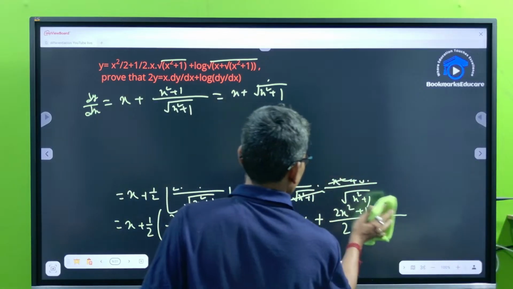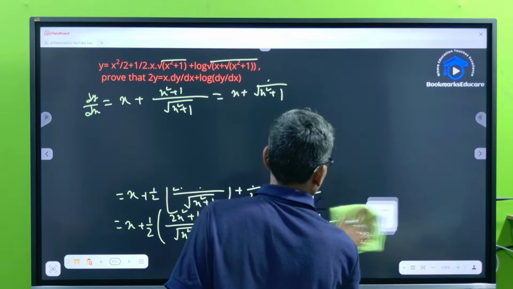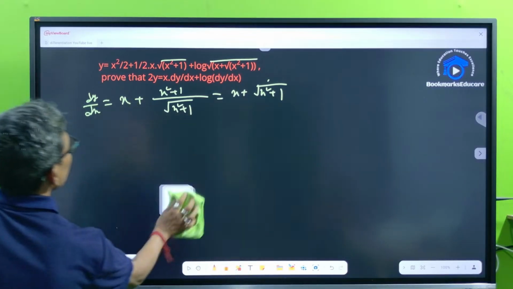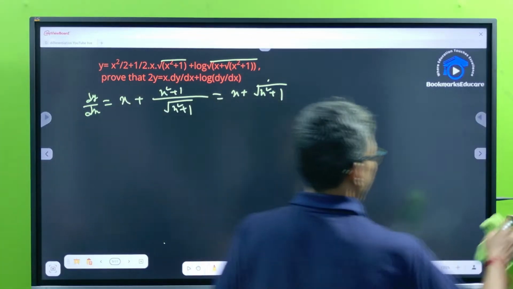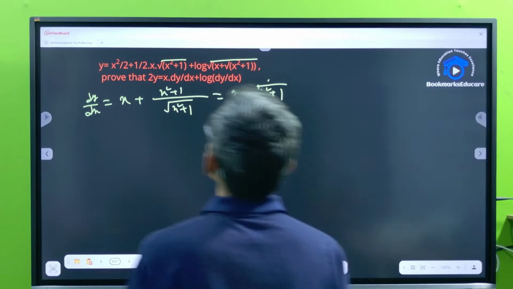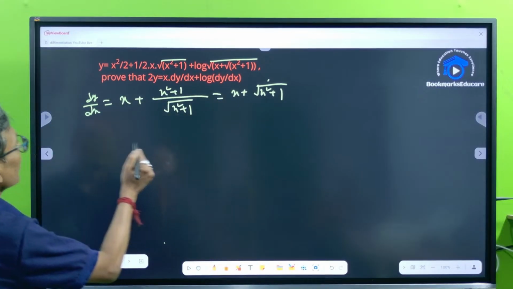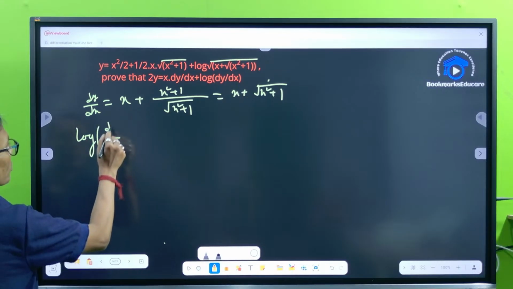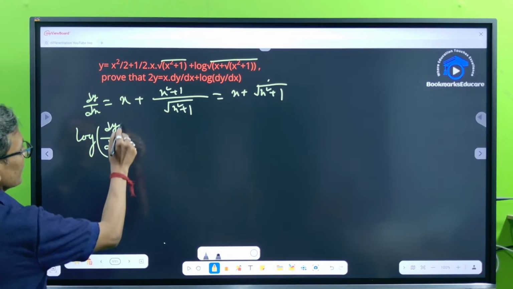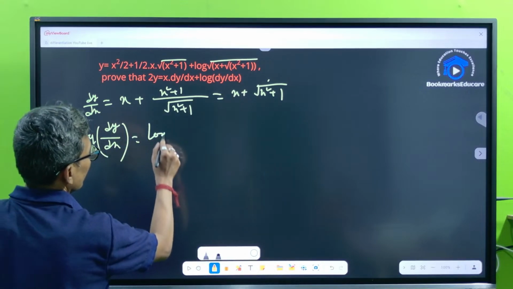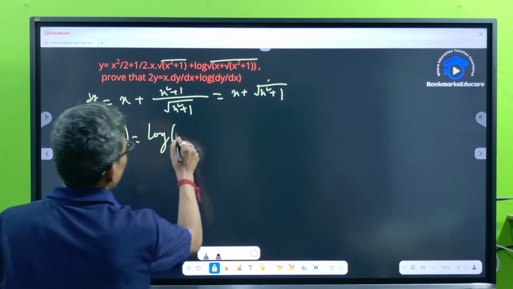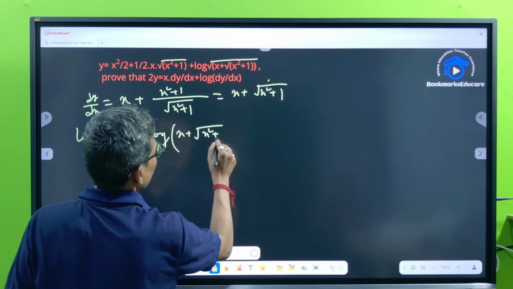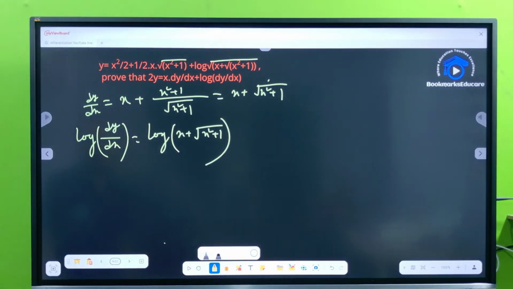So now, taking log to the base e on both sides, dy by dx is equal to log of x plus root over of x square plus 1. Okay.